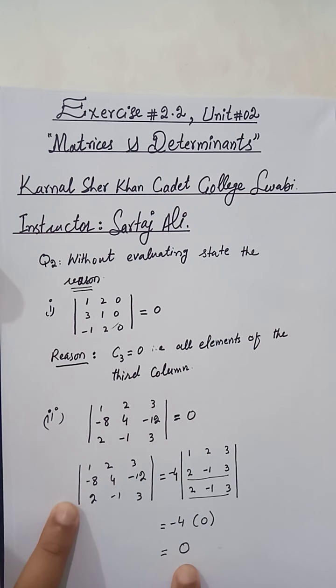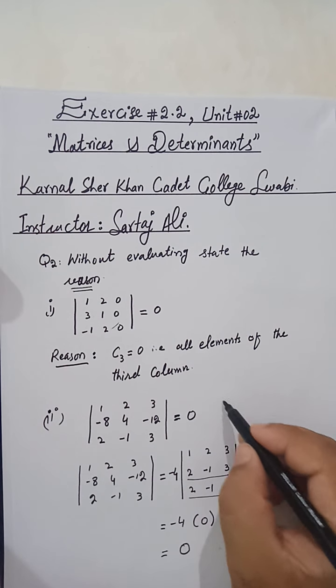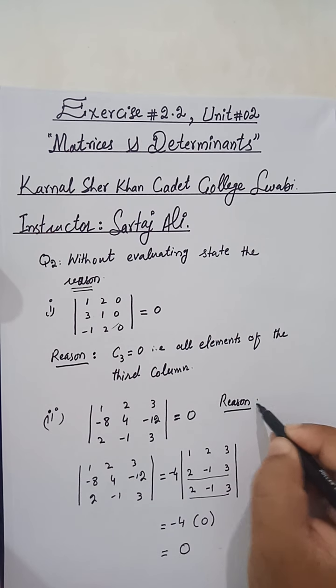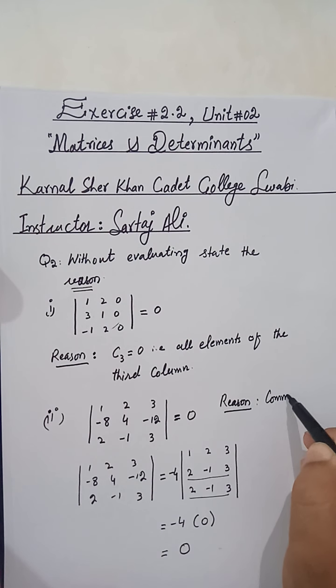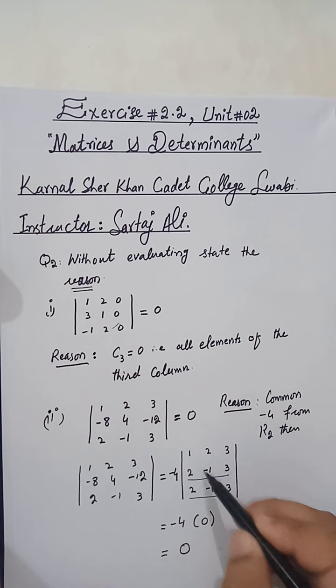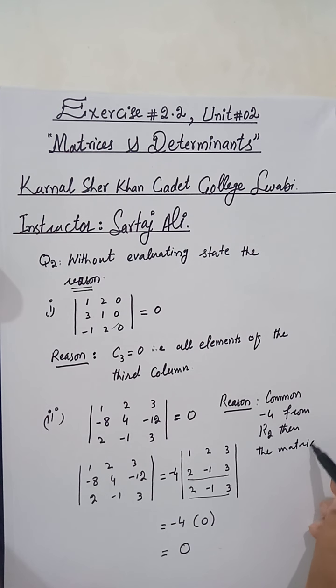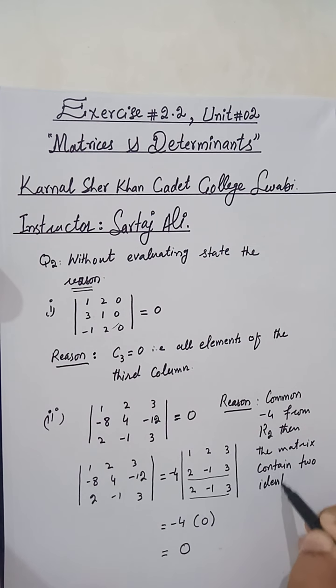So the reason is that when you take common minus 4 from R2, the matrix contains two identical rows, and we know that if a matrix contains two identical rows or identical columns, then the determinant of that matrix is always 0.